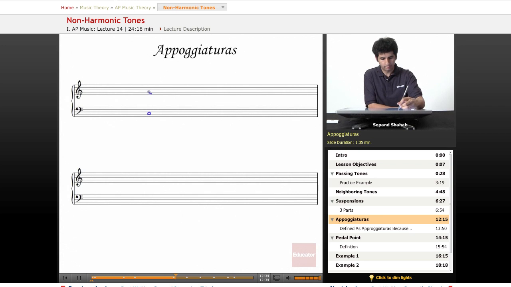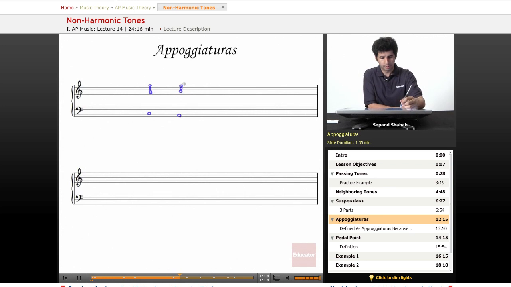So G, C, E, and if I was going to go to another chord, like maybe an A minor chord? So let's draw an A here, and then keep the common tones, so C and E. And then the G moves to an A.